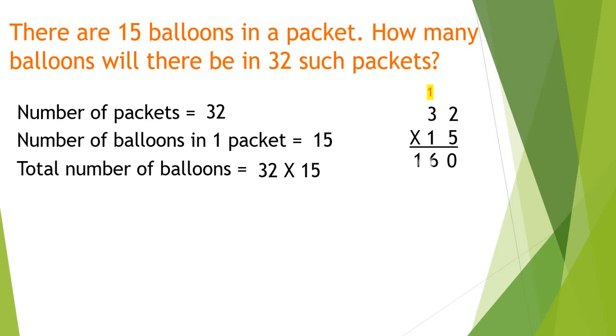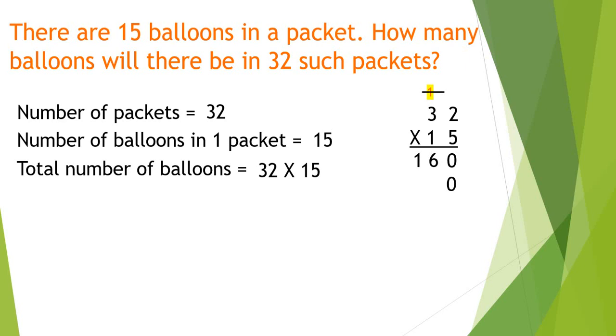So write down 16. Now before starting the second number, we have to cut the carry and write 0 down, because 1 is in the tens place. So we have to add 0 first.